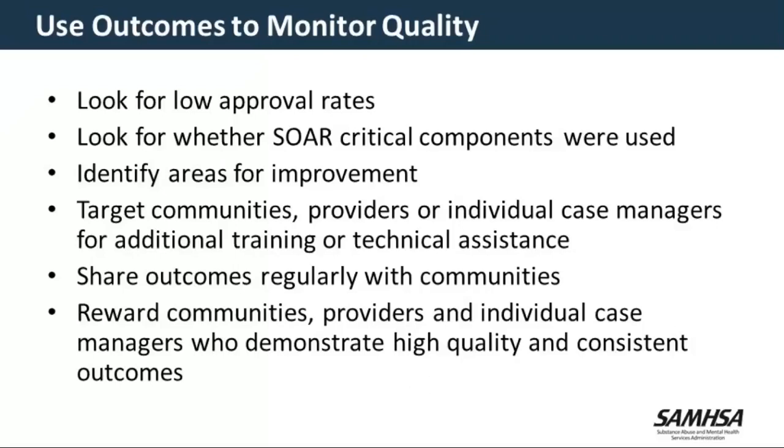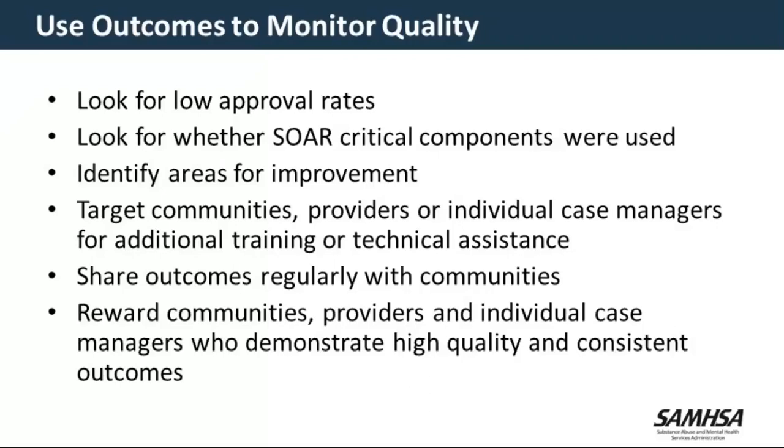And then what is so wonderful is that it's not just about finding places where people might be struggling or outcomes might not be as high as we would hope, but it's really to celebrate those incredible successes. It's buying a cupcake or a donut for our caseworker who got their first SOAR approval and celebrating that with them, or at the end of the quarter coming together locally with all of the SOAR caseworkers and celebrating the top 3 approval rates or the top 3 application completers with the most applications completed.